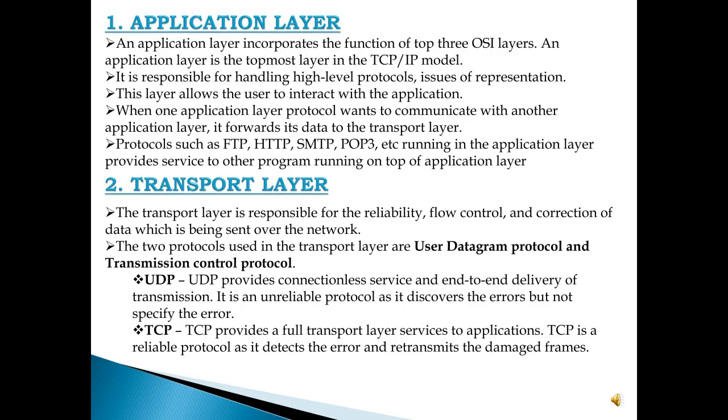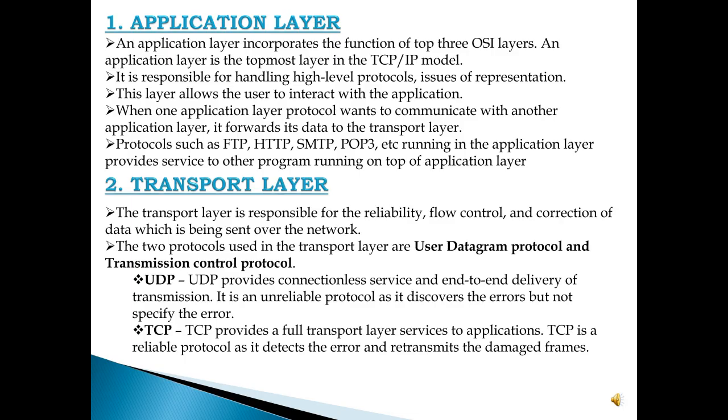Then next layer we have the transport layer. The transport layer is responsible for the reliability, flow control and correction of data which is being sent over the network. The two protocols used in the transport layer are User Datagram Protocol and Transmission Control Protocol. UDP provides connectionless service and end-to-end delivery of transmission.